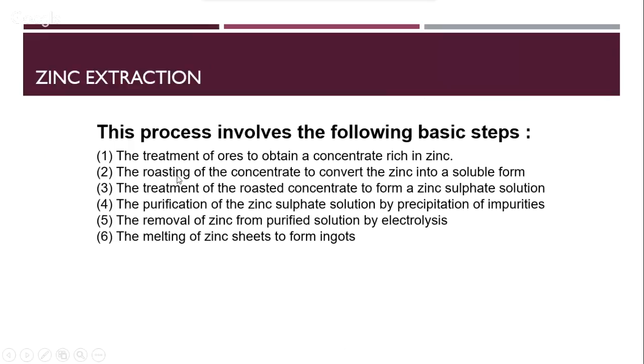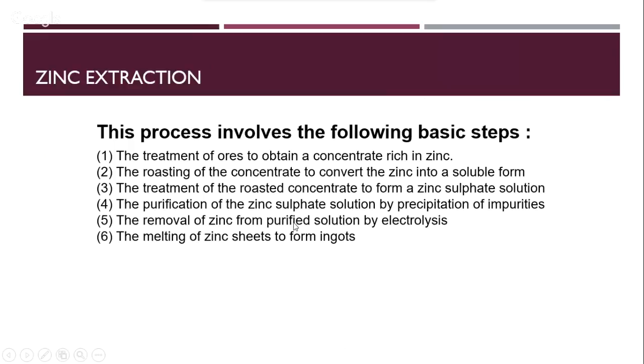The second is you roast this zinc to convert it into a soluble form. Then this roasted concentrate, which is basically zinc oxide, is used to form zinc sulfate. And then the zinc sulfate solution is purified further by precipitation of impurities.